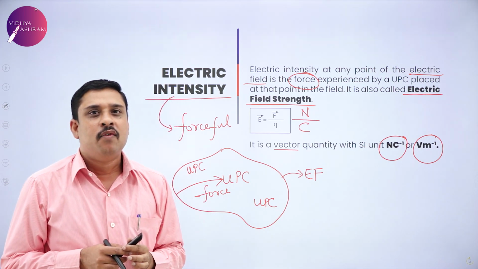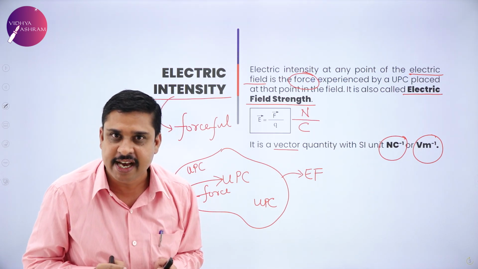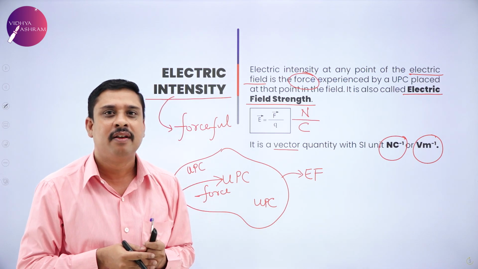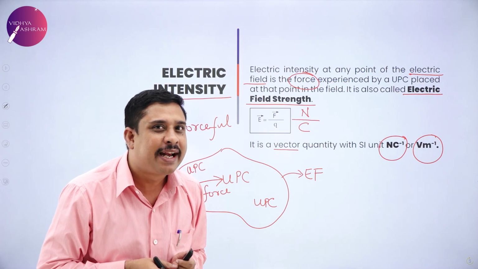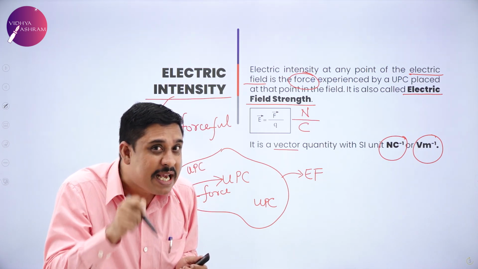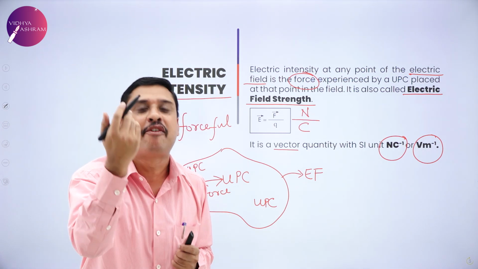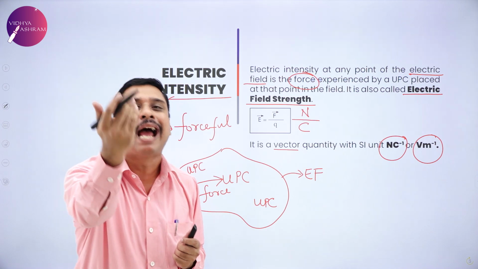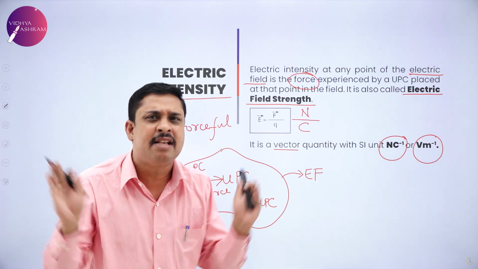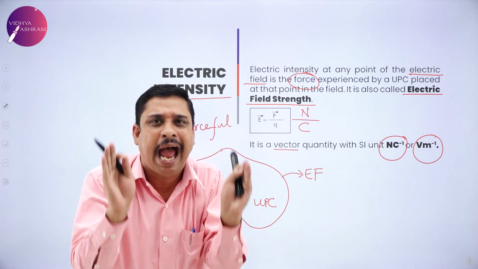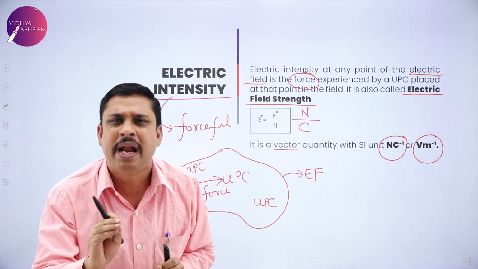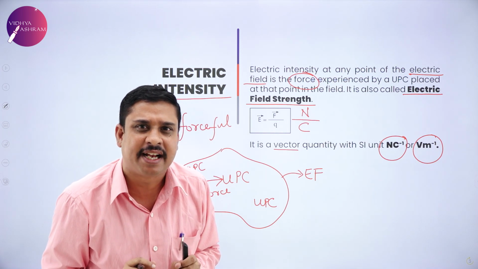So now we have studied 2 definitions here. The first definition, for electric field, was the space or region surrounding a UPC, where the UPC should feel electric forces, electrostatic influences. And what was electric intensity? Very simple. The force that acts on the unit positive charge placed at any point of the electric field.